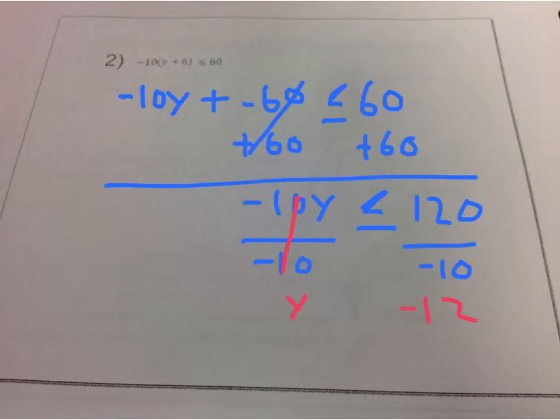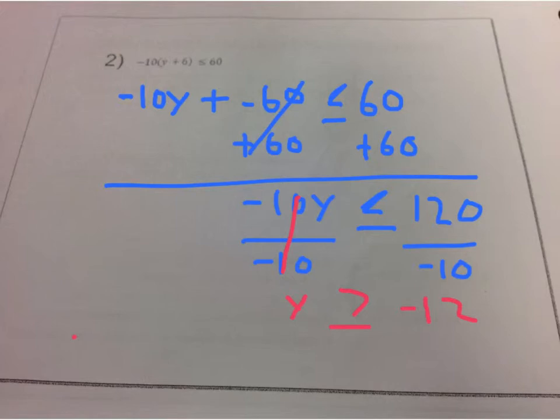You notice that I divided my variable by a negative. That means I do have to switch it, unlike last problem. So instead of less than or equal to, it's going to flip to greater than or equal to negative 12. Okay, because we divided by a negative, and that would be the same thing as if we multiplied by a negative.